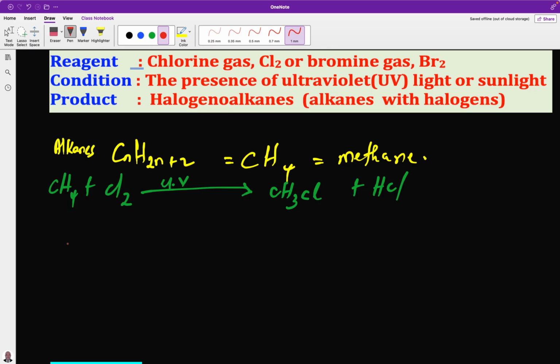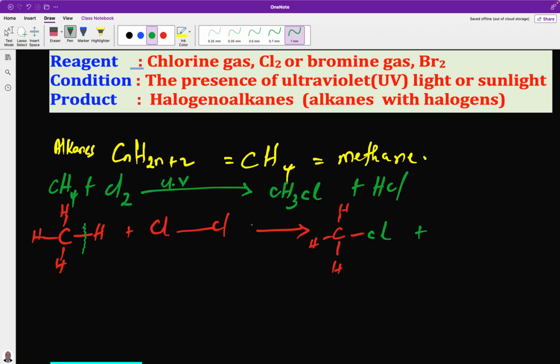We have a methane molecule plus chlorine, and our product is hydrogen chloride.